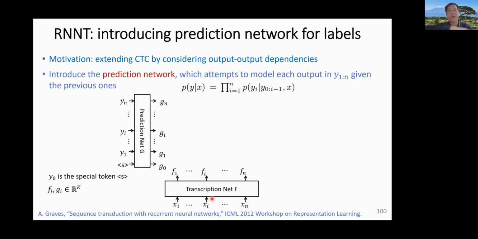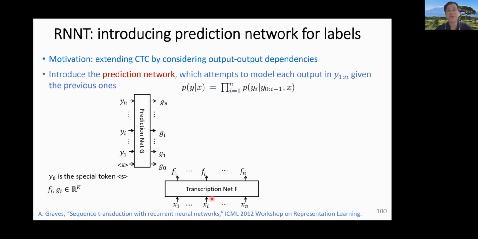And there is a prediction network G, which scans the label sequence y0 to yn, where y0 is set to be the special beginning-of-sentence token, and outputs hidden states g, also each of k dimensions.